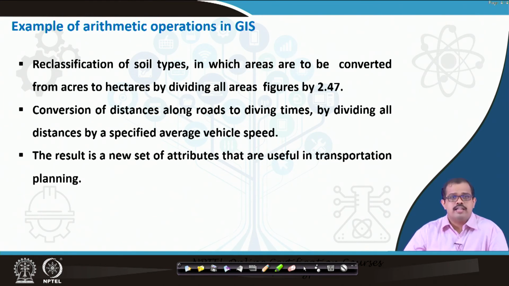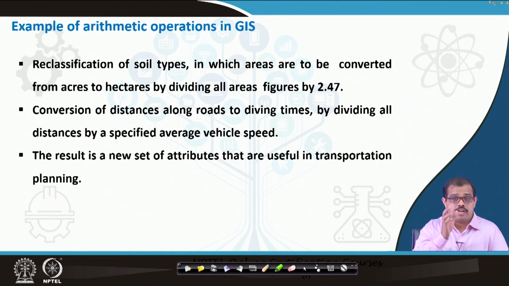And when you look at the example of arithmetic operations in GIS, reclassification, for example, if you have soil types, okay, there are soil types that are converted. I have given it as figure 2.47. When you are looking at acres to hectares, most people make this mistake.